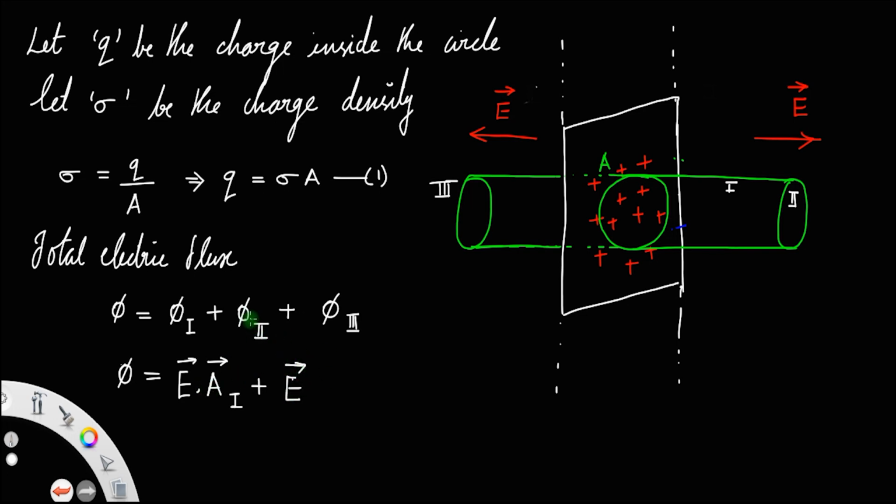The second flux through the second surface will be E dot A2, plus, the flux is equal to the dot product of electric field and area vector, along the third surface it will be E dot A3.